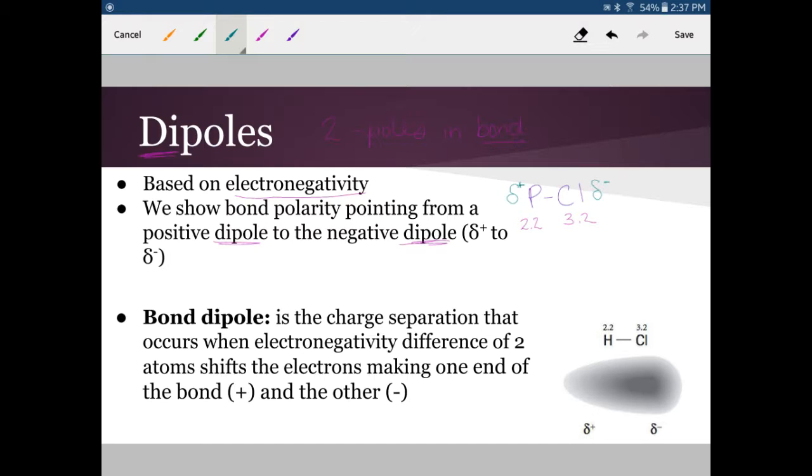Now, again, that is just based on the atom that it's bonded to. If we change the atom that it was bonded to something else, say oxygen and chlorine, you might get a different dipole. These dipoles are all relative to the atoms.